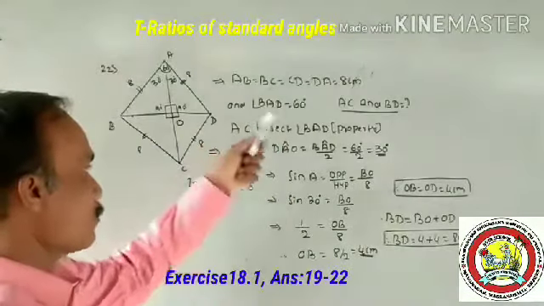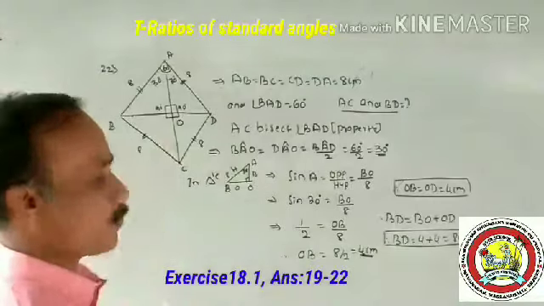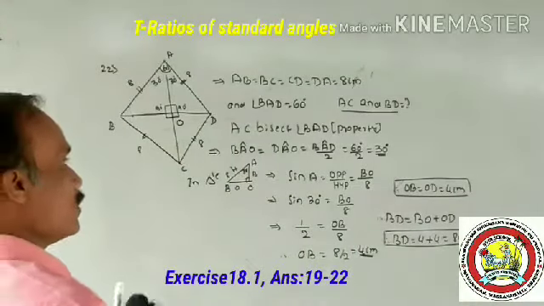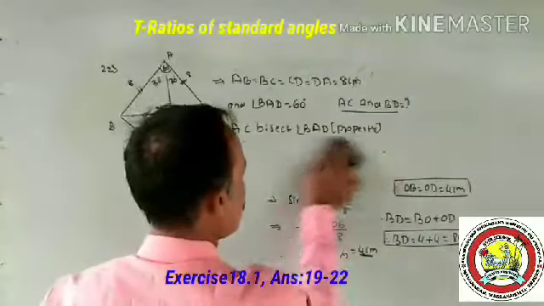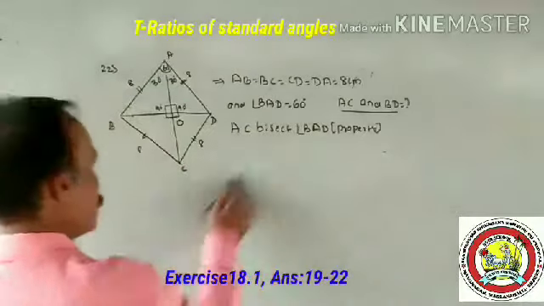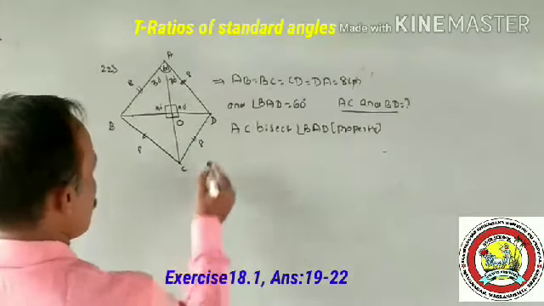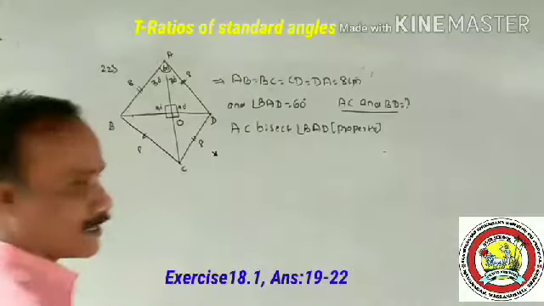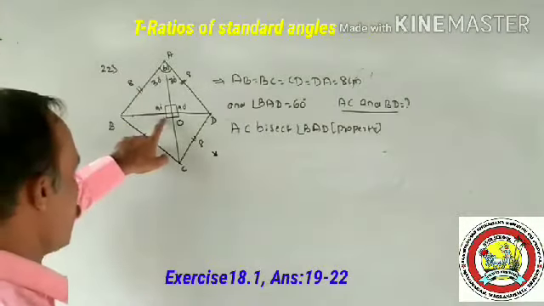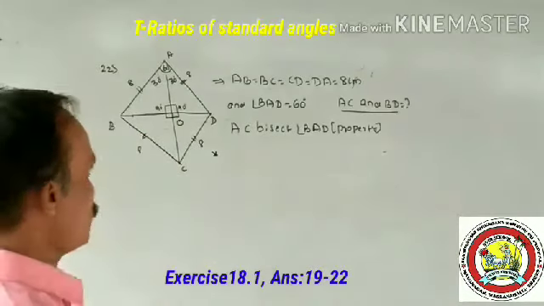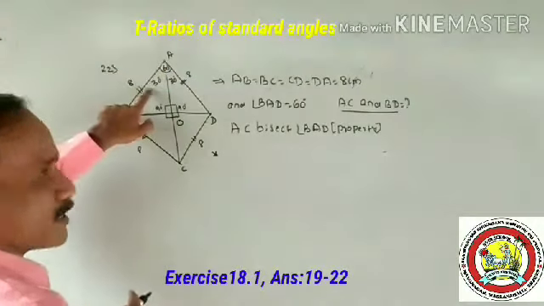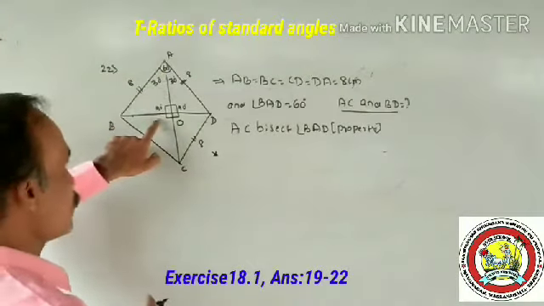So the complete problem depends upon the properties. Similarly, find the next diagonal, that is AC. How can you find AC? We cannot find AC directly. So first find the value of AO; AO is the same as OC. Next, consider triangle AOB. Angle A is 30 degrees, angle O is 90 degrees.